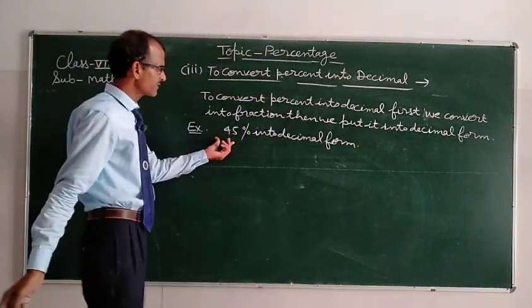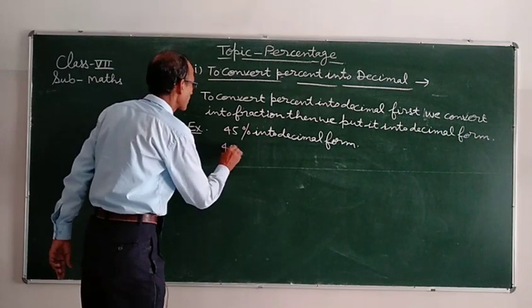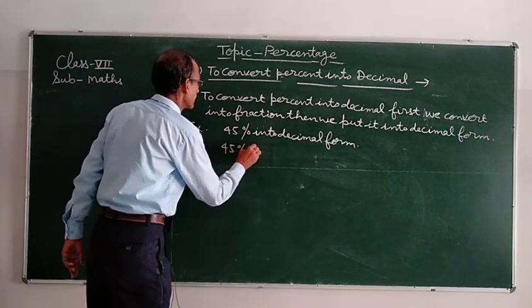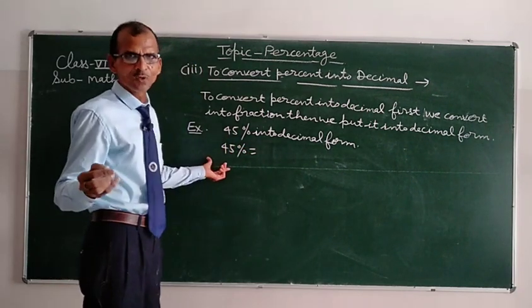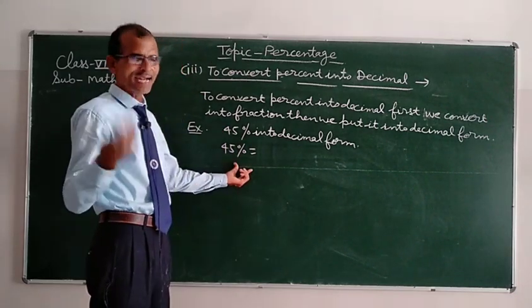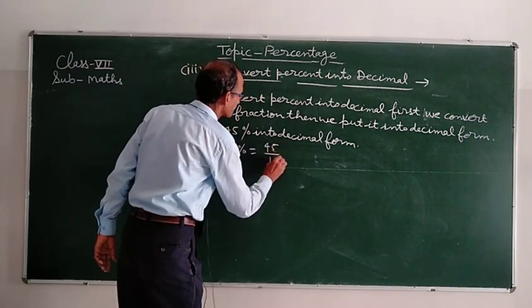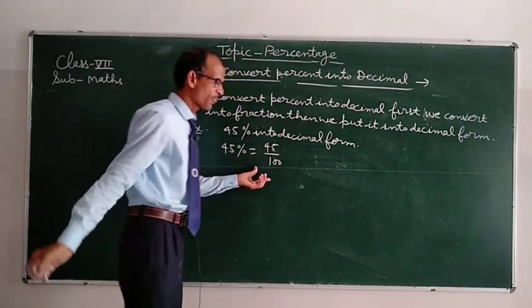Convert 45% into decimal form. 45% is equal to, in fraction, to convert percent into fraction, we divide by 100. This is equal to 45 upon 100.